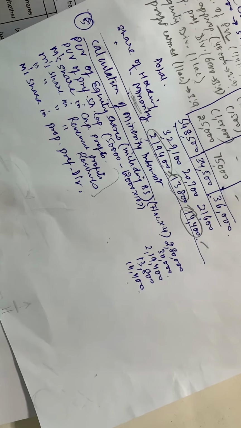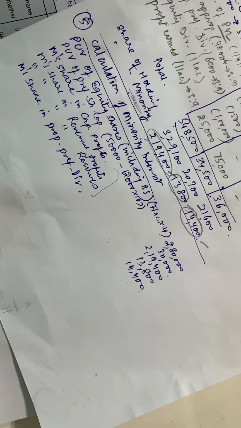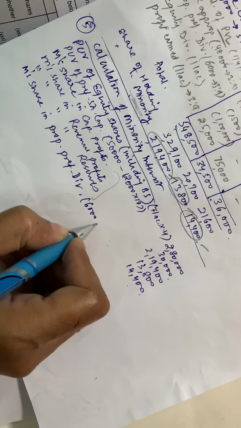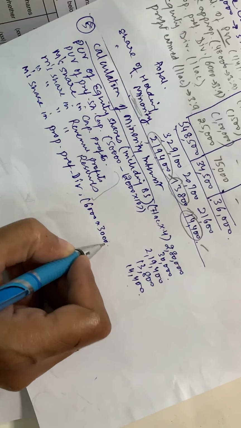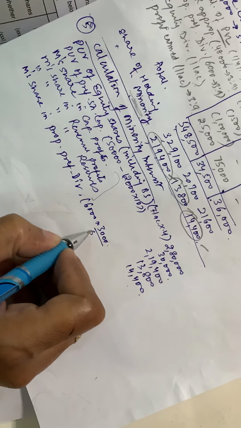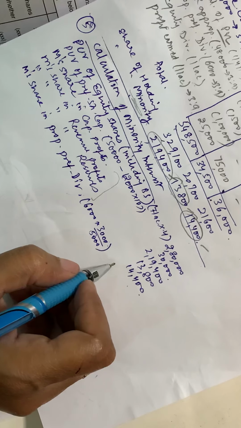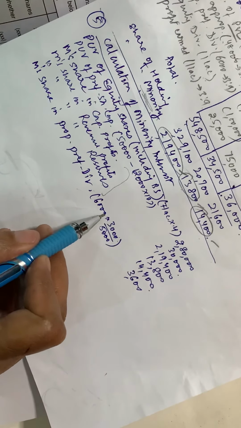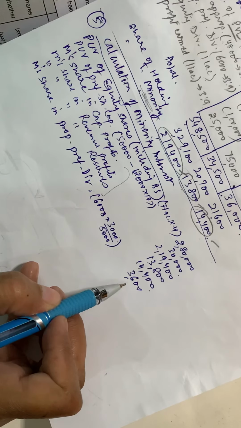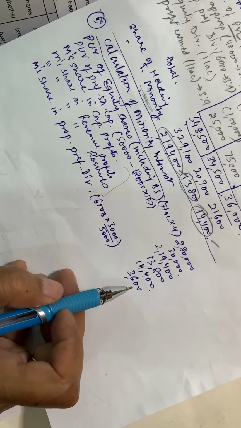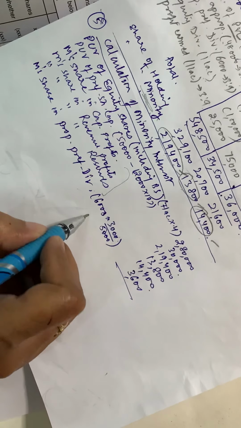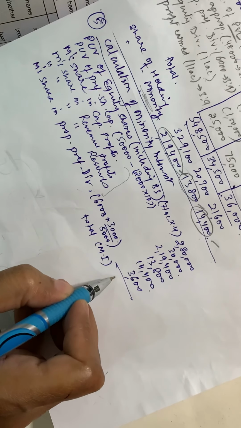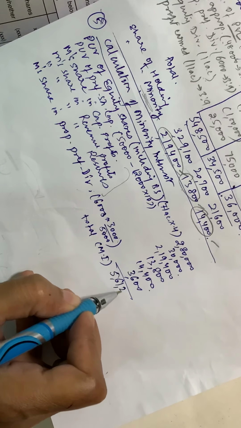And how much is the share of the minority in the proposed preference dividend? We have a total of 6,000, and you can say 30,000 upon 50,000, which gives us 3,600. So out of the 6,000 proposed preference dividend, you have to pay 3,600 to the minority. And now you just total it out. The total is nothing but minority interest, and that is coming out to be 5,61,200.